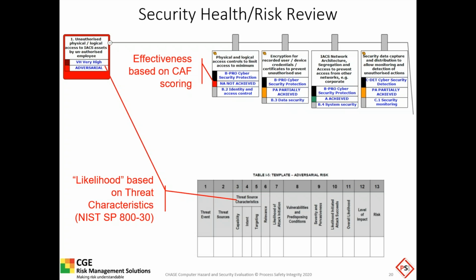And depending on the capability or persistence of the attacker, depending on the relevance or attractiveness of your assets, then you can get a good sense of what's the likelihood that you're going to experience an attack, who's going to be interested in your facilities. So we use that to give us a threat likelihood.